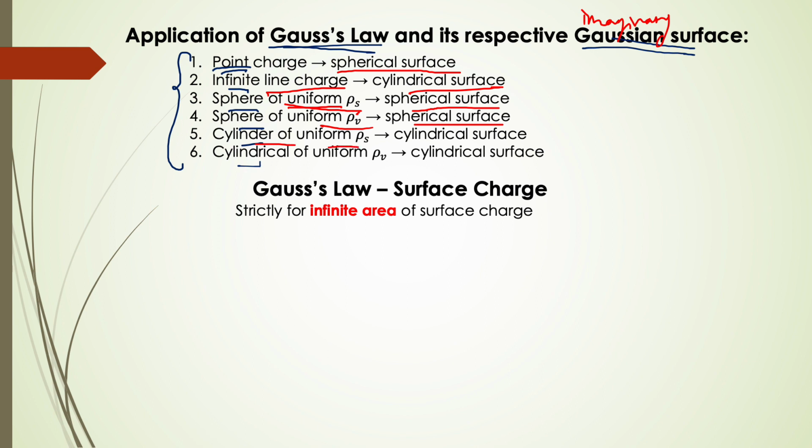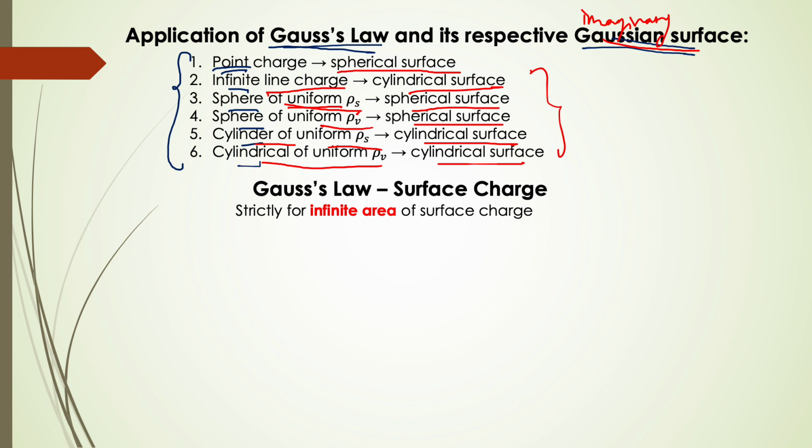For a cylinder of uniform rho s, it will be a cylindrical surface. And for a cylinder of uniform rho v, it will be a cylindrical surface. I hope this summary is helpful in case you are not sure what kind of imaginary surface to draw.